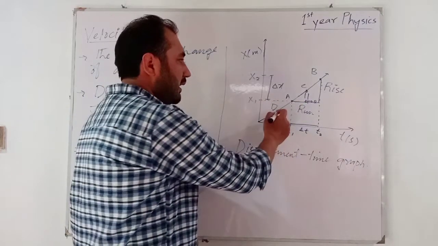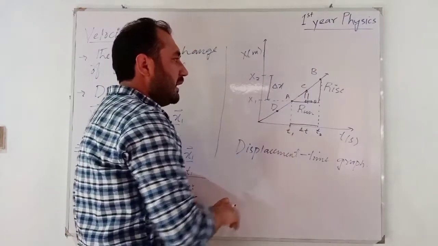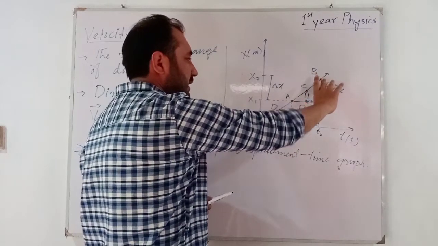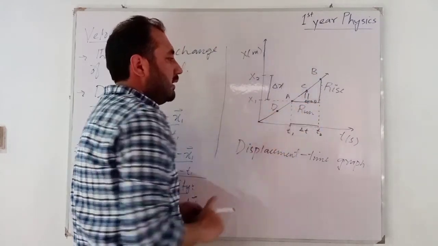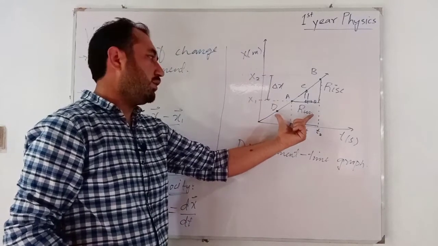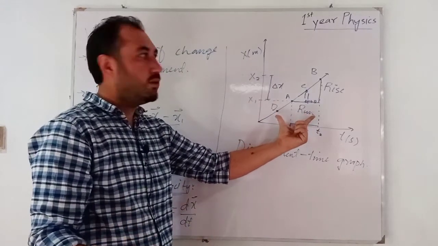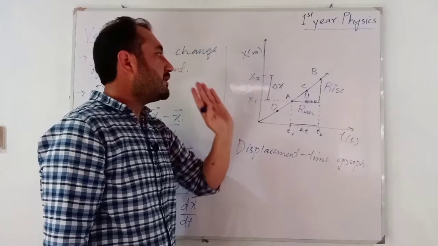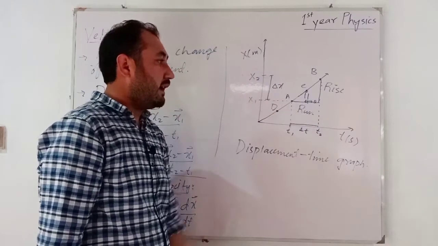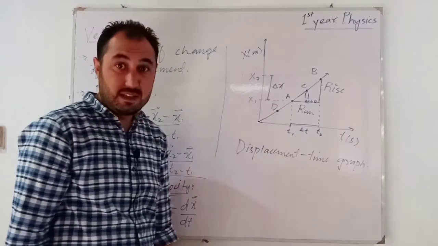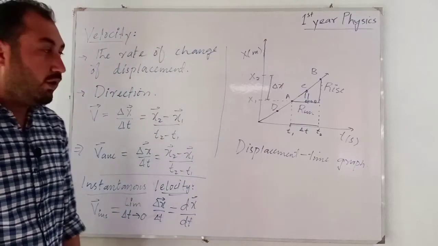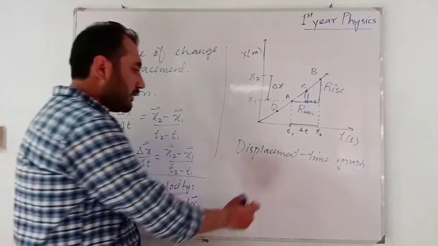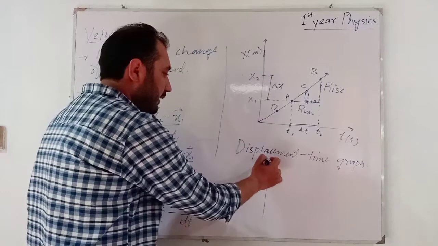So as you increase the displacement, the time interval also increases in the same manner, right? So for equal displacement covered in equal intervals of time, the velocity will be constant, or what we call uniform velocity.